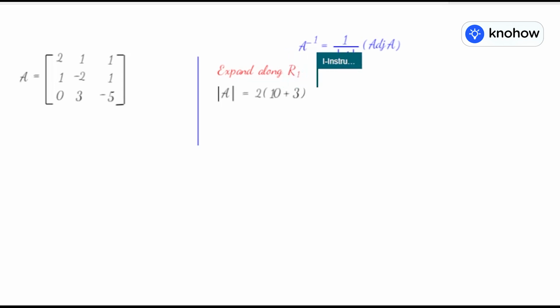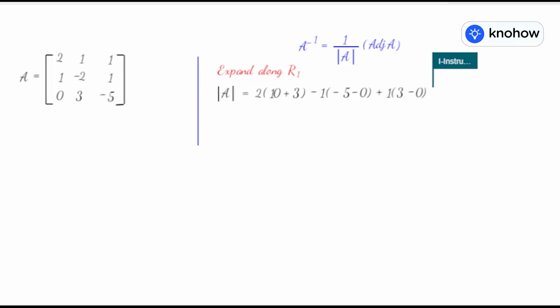And minus 1 times, delete the row and column through 1, you get minus 5 minus 0, and the third element, plus 1 times, delete the row and column, you get 3 minus 0.